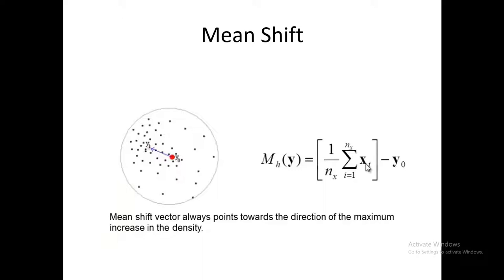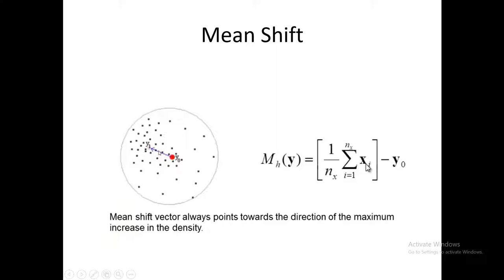As we see here, this is our start point, and it points towards a direction. We will keep going until it converges, where it won't move further. It starts from y0 and moves towards y1, and it will converge.